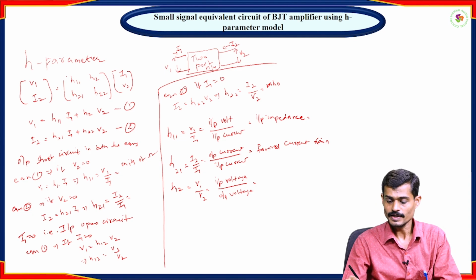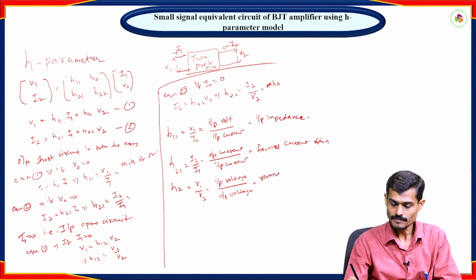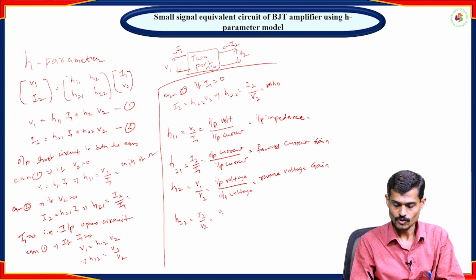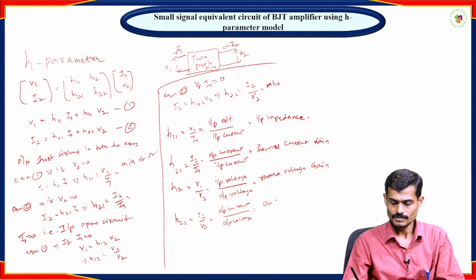So that's why we call it reverse voltage gain. Similarly, H22 equals I2 divided by V2, that is output current by output voltage, that is output admittance.